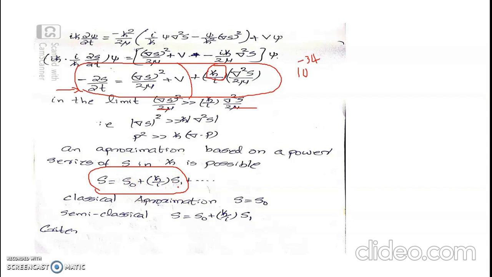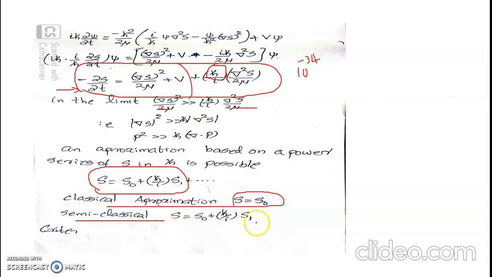This is why the WKB approximation method is referred to as the semi-classical approximation. The classical approximation for action is S0, which includes the zeroth power of ħ and is a function of position and time only.